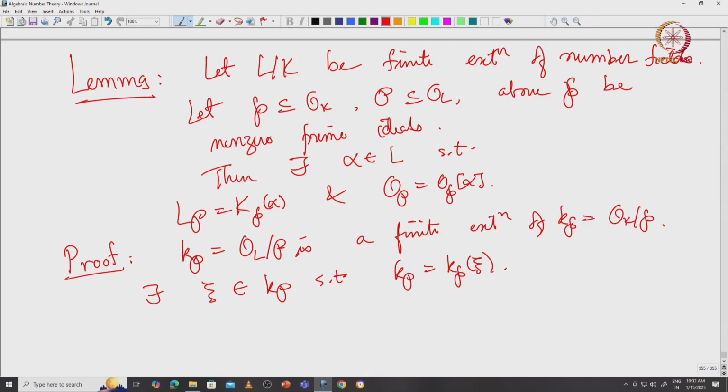So, there is a map from O_L to K_P which is surjective. So, let alpha be in O_L such that alpha bar in K_P equals xi. We can always do that.